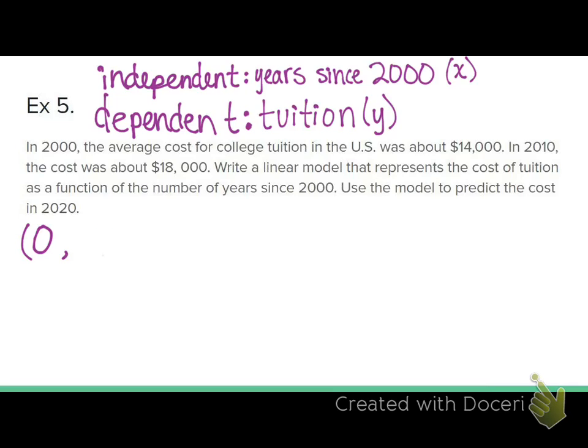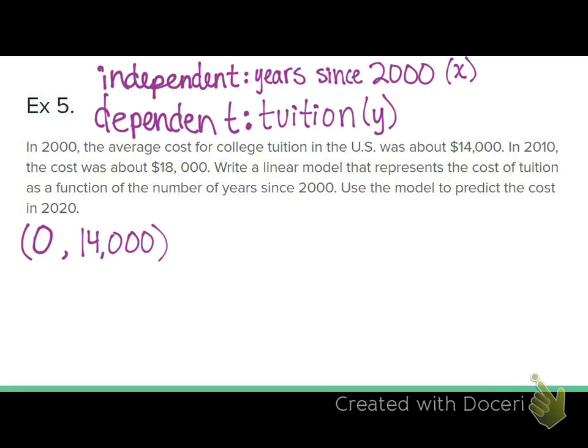So in 2000, the average cost of tuition was? 0. No, that was our time. In 2000? 14,000. We have to be able to read our problem to see our information here. Questions about how we came up with that point?